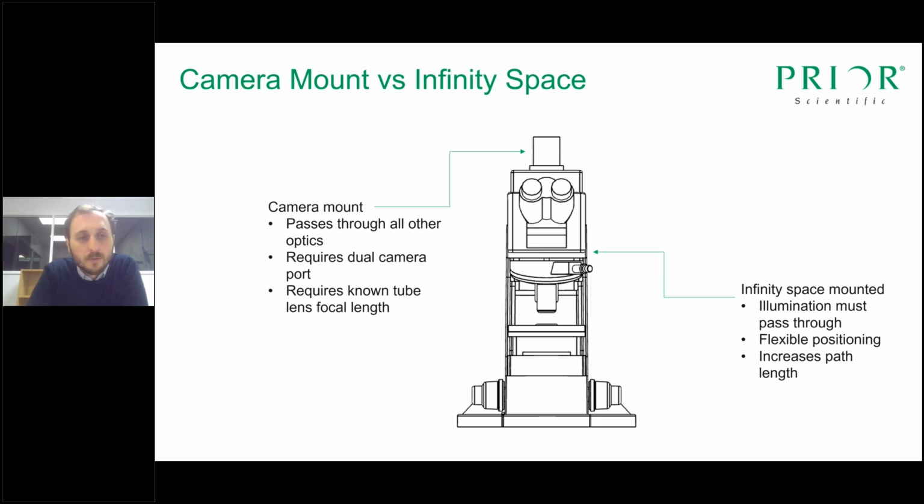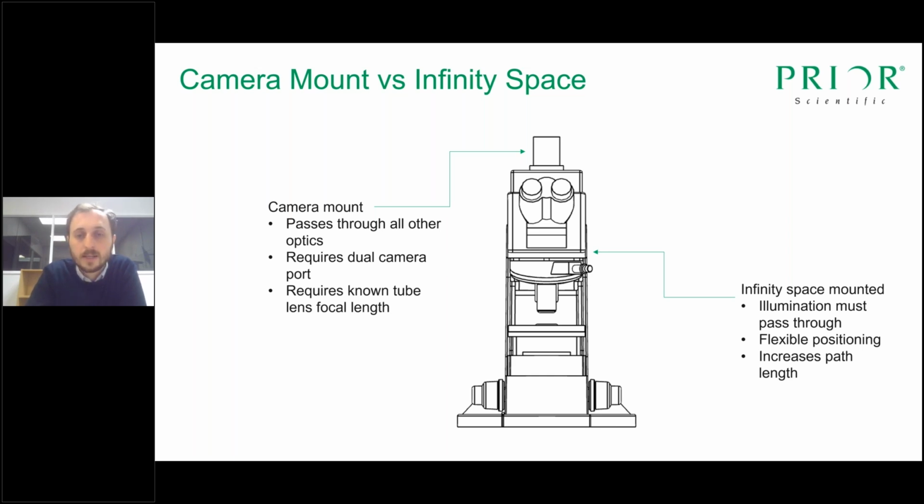The main challenge with mounting the autofocus like that, however, is that the signal emitted by the autofocus must pass through all other optics between it and the sample. And you also need to have more knowledge of the optical system you're integrating with to ensure that the signal returned by the objective can actually be focused onto the autofocus sensor correctly.